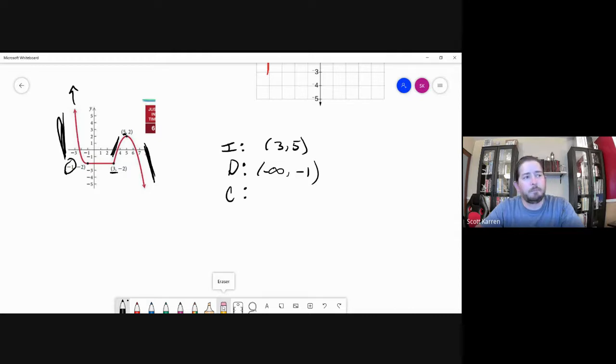But then it decreases again, starting here at 5, and it goes off forever. So my interval of decrease is unioned with from 5 to forever. Where is it constant? Well, that's just between these two bits right here. So that's between -1 and 3. And there we have it.